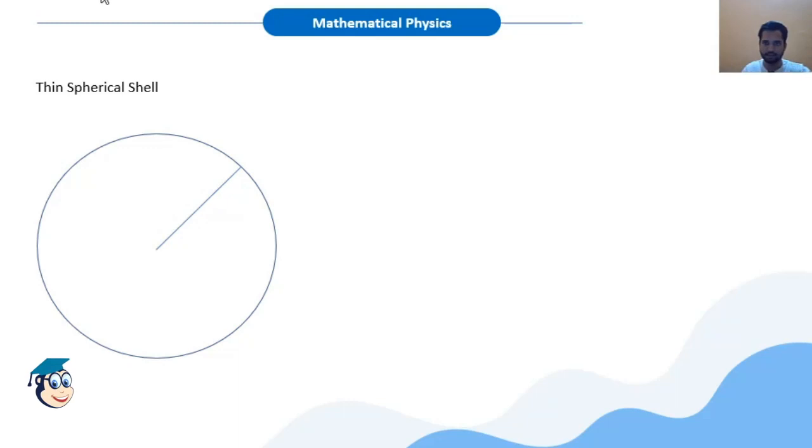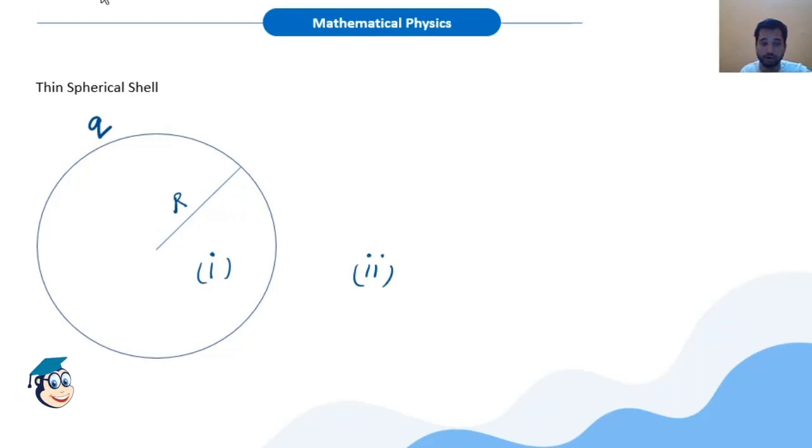Inside we have nothing. We have just a thin hollow sphere with a charge q and radius, let's say capital R. Okay, so we can have two regions. Region 1 is inside and region 2 is outside the sphere or spherical shell.